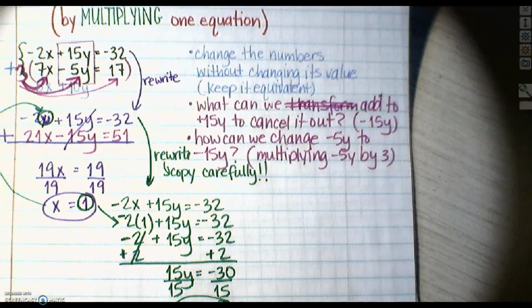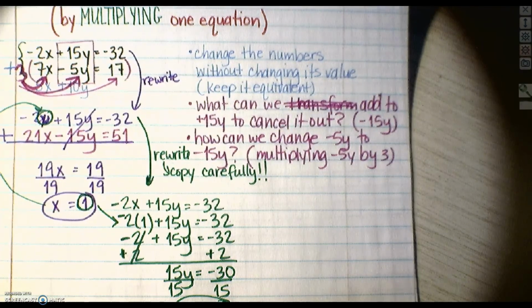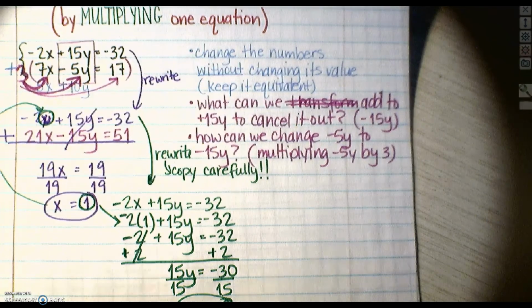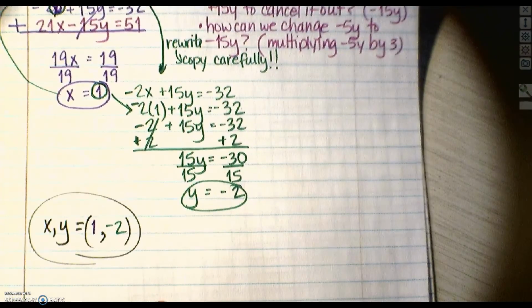So now we found our x and our y, which is what we were trying to do to begin with. Our xy pair is 1, comma, negative 2. That's our final answer.